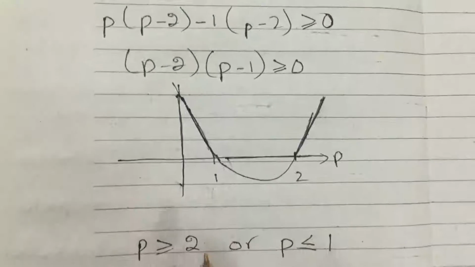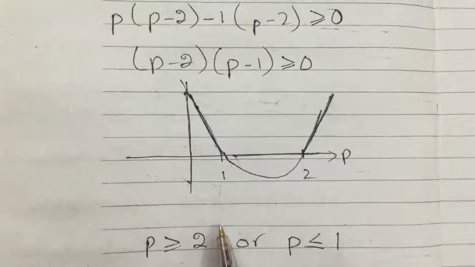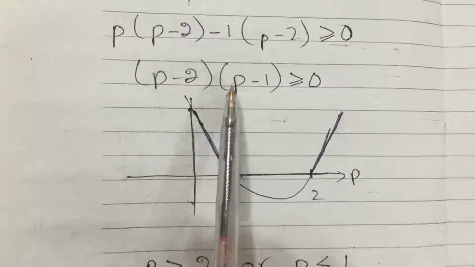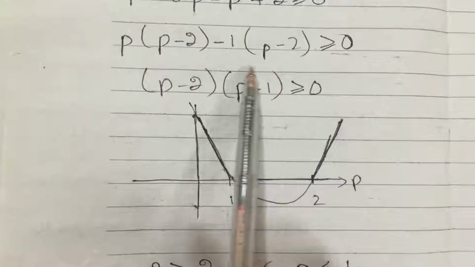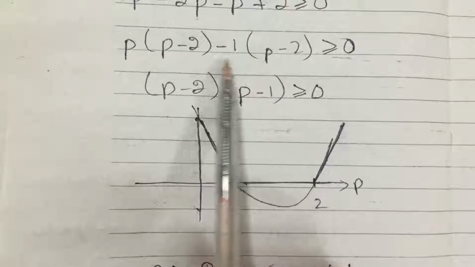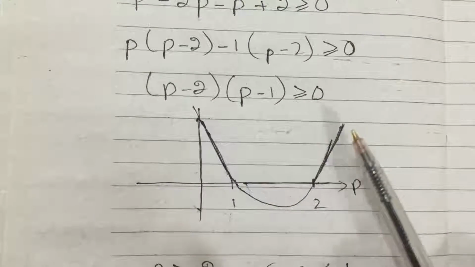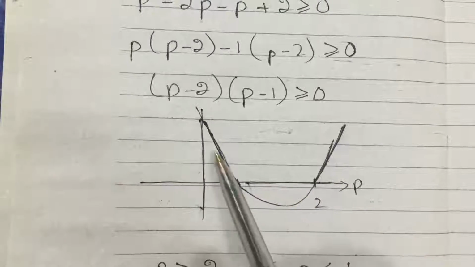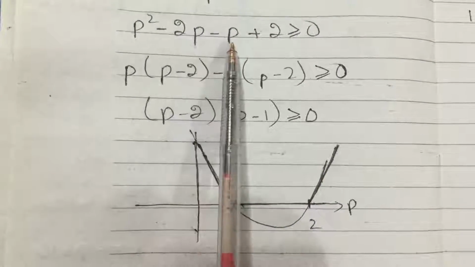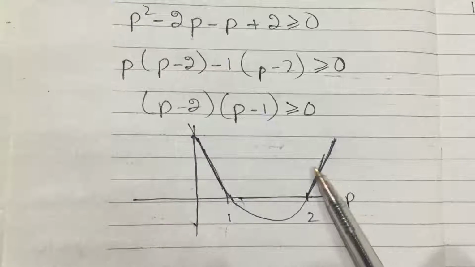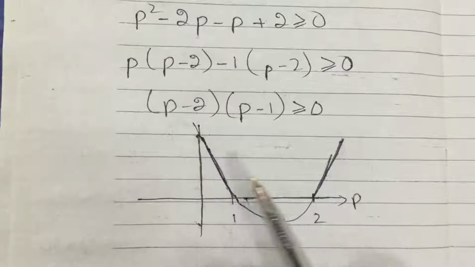Now again the confusion is what roots it will have. So I will repeat. Which are the values of p you will plug in here so that this answer is greater than or equal to 0? Graphically, because this graph represents this equation, which are the values of p you will plug in here so that your answer comes positive?